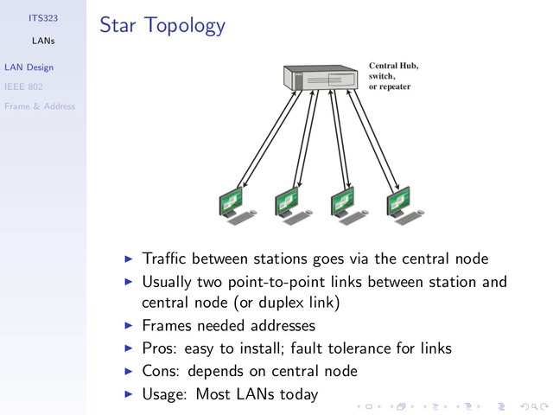The problem is that we rely on this central device. If this central device fails, the entire network fails, because everyone sends via that. If this node fails, or if this link fails, of course this node cannot communicate, but the others can still communicate with each other.